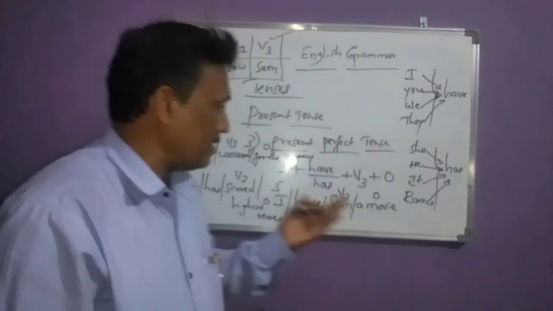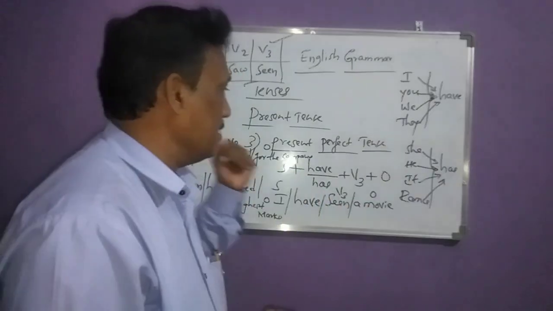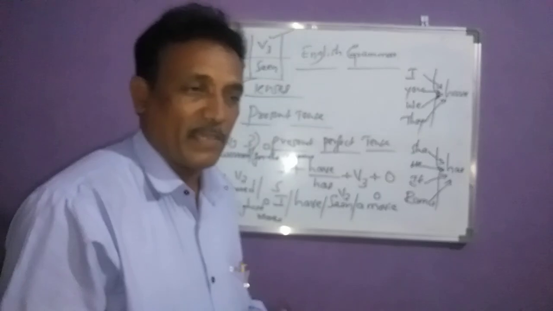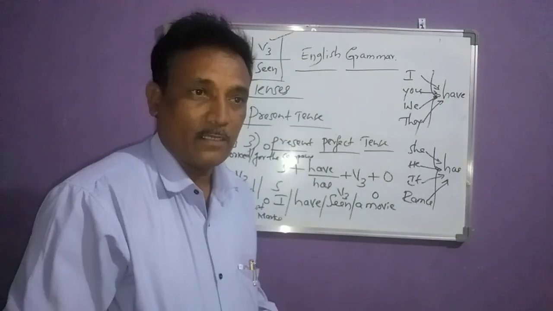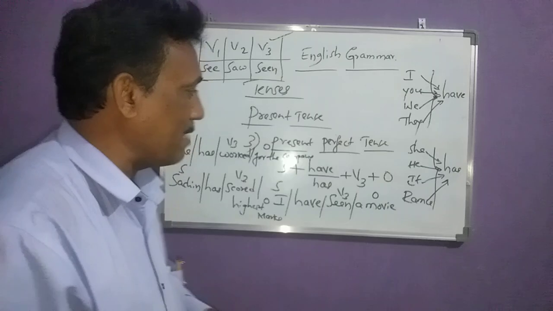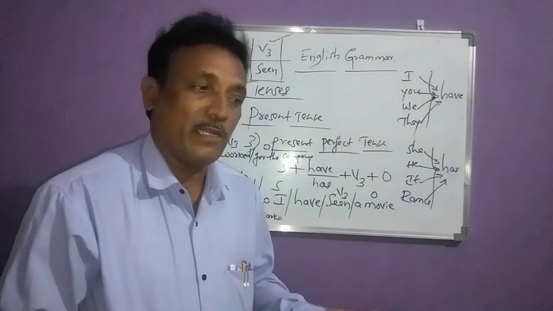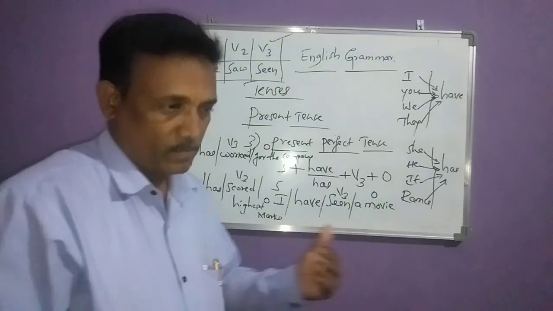So by this you can understand easily how you can speak in present perfect tense. Practice is the main reason to become perfect in English grammar. Somebody says English grammar is difficult, but English grammar will be easy only when you begin and start practicing.